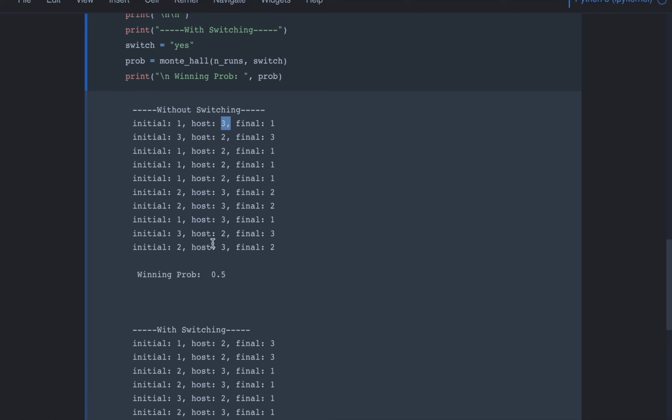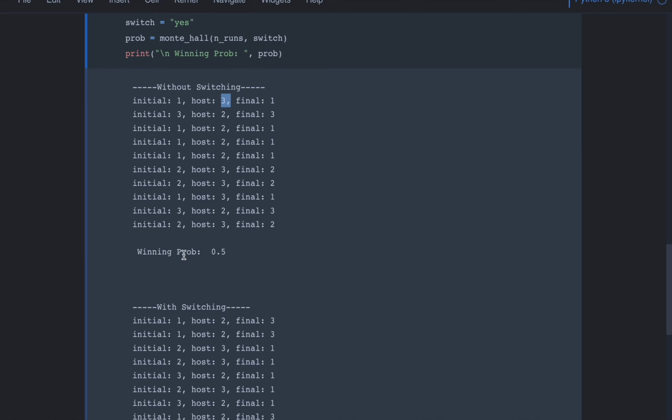So it goes like this, right? These are the initial options, and then the host picked one of the doors which has a goat behind. He asked you if you would like to switch, but you did not switch. So your final option is also the same as your initial option.